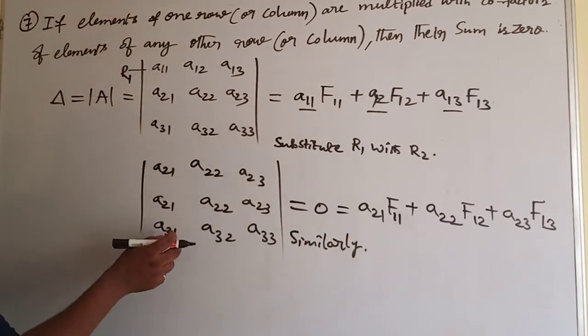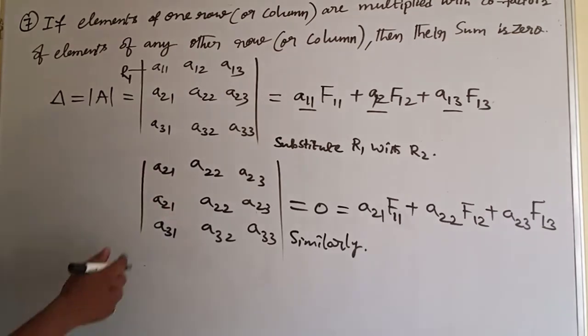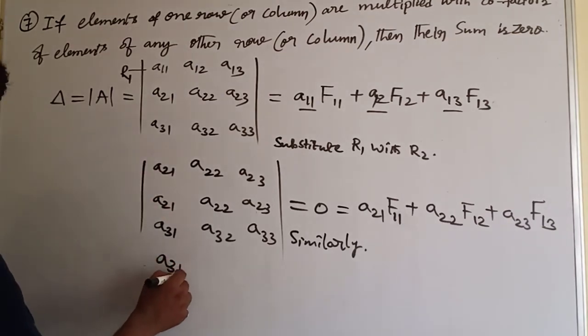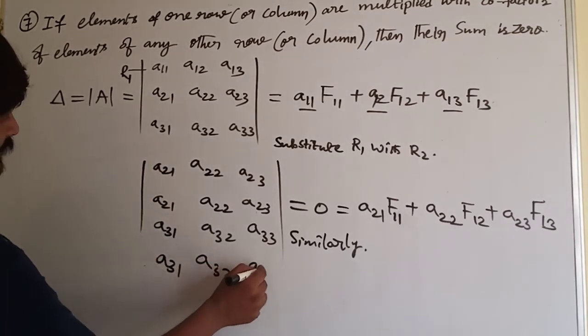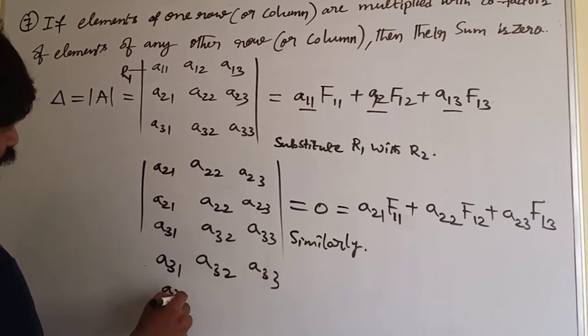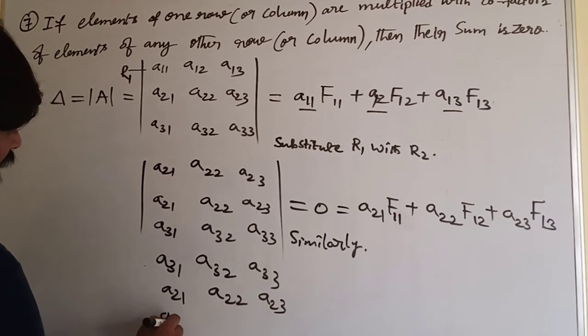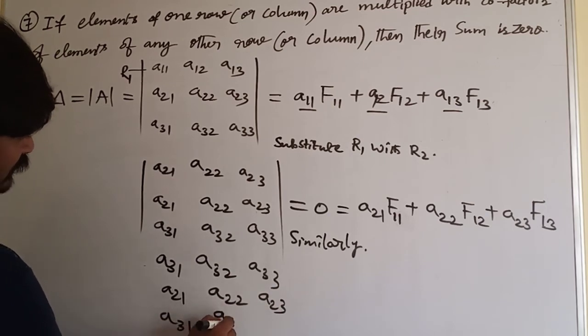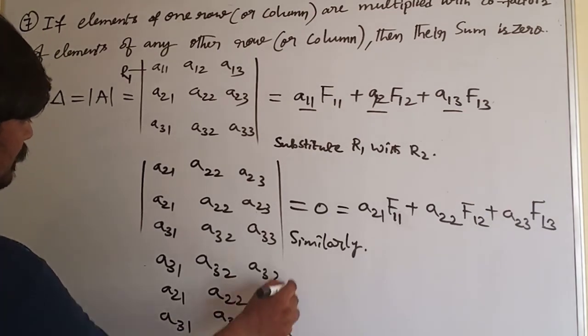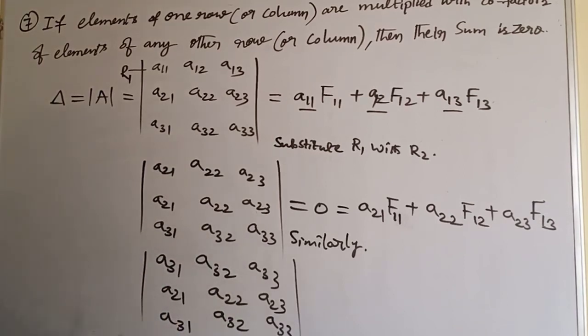Similarly, if I change this A31, then what will happen? A31, A32, A33, A21, A22, A23, A31, A32, A33. Now two rows are the same.